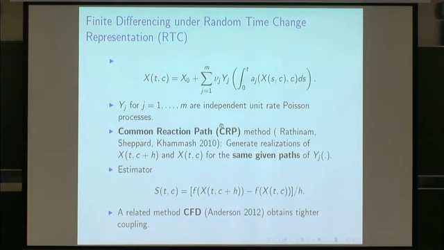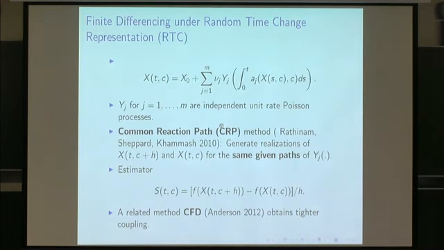Now I can stick parameters in here, right? So for a given parameter c, I generate m paths for y1 to ym, and from that path I can compute x, and that process is purely deterministic, right? So I can now use that path and use parameter c to compute this, and then use c plus h to compute this, keeping the same path.